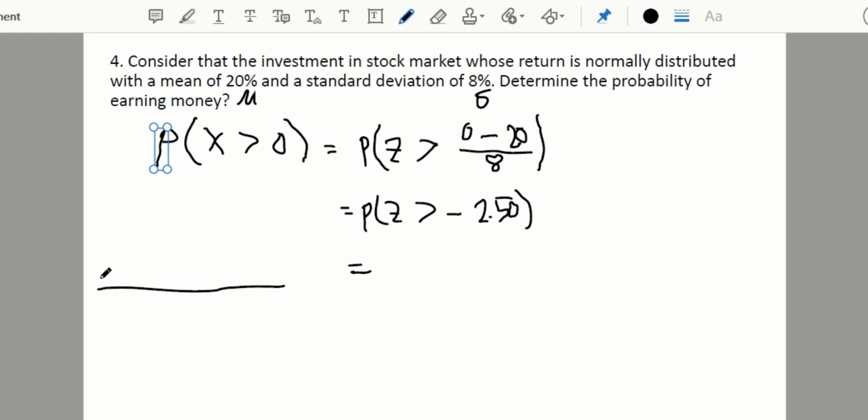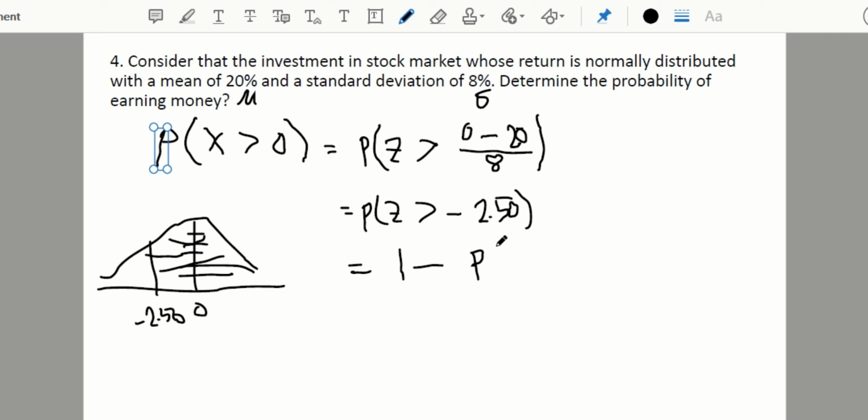So if we look at the drawing, negative 2.50 is here. So we need this area. So our strategy here, remember, is just 1 minus the probability to the left of negative 2.50. Less than or equal, they will have the same value.